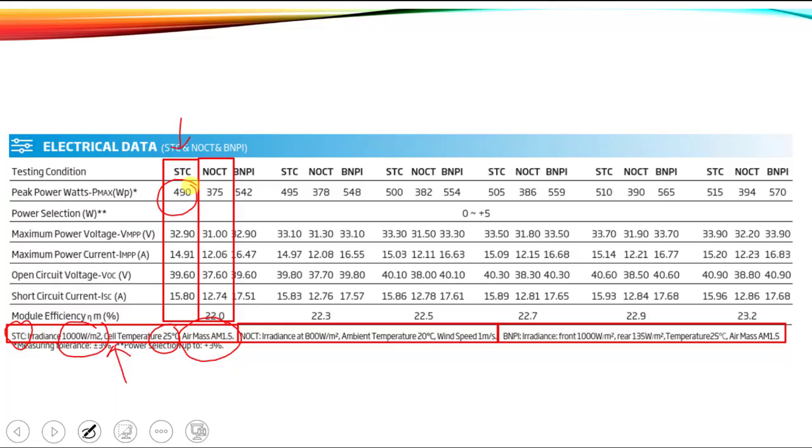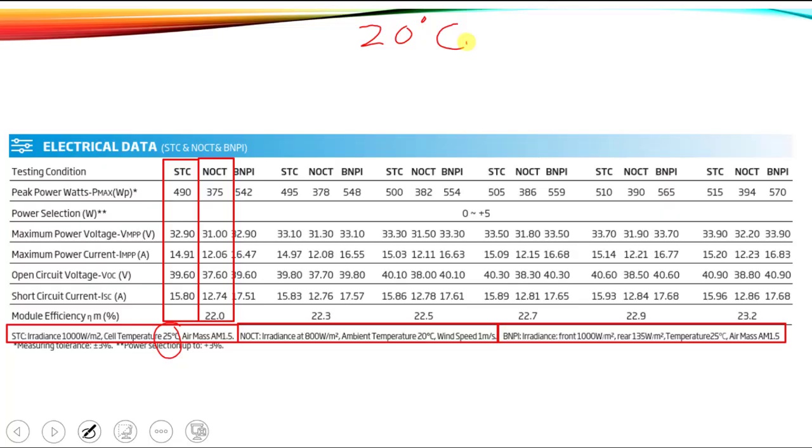That is the standard testing condition under which the module was tested, and the peak power produced by the module was 490 watts. The module was tested with the cell temperature kept at 25 degrees centigrade by controlling the ambient temperature. In reality, the cell temperature will increase. If the ambient temperature is, for example, 20 degrees centigrade, which is an average ambient temperature around the world for a day or a whole year, then the cell temperature will definitely be higher than this.